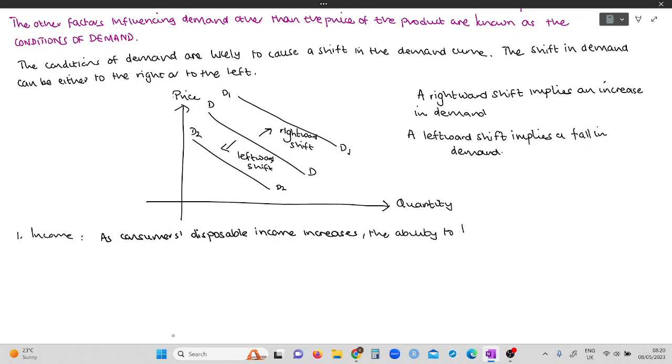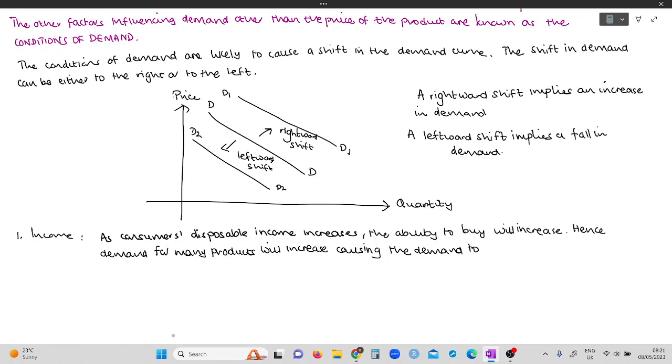Hence, demand for many products will increase, causing the demand to shift to the right. D'accord? This is the first one.